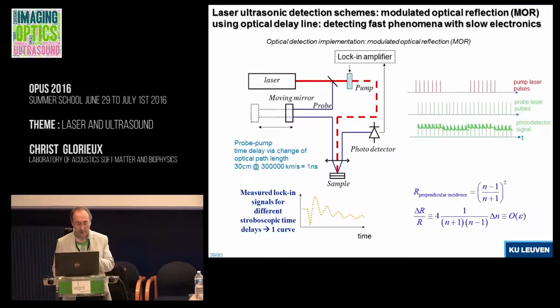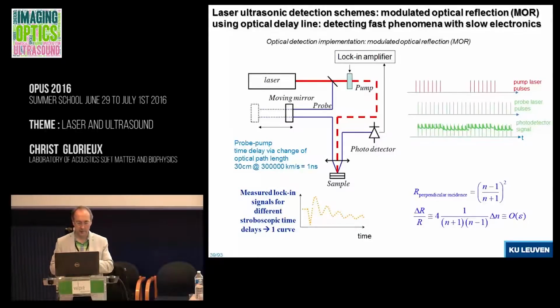A bit different topic now. I always speak about displacements, but displacement goes along with stress, because it's the stress which drives the displacement, and the other way around. If you have acoustic waves, they always have stress, and this stress changes the refractive index a bit, again via the density and the polarizability.